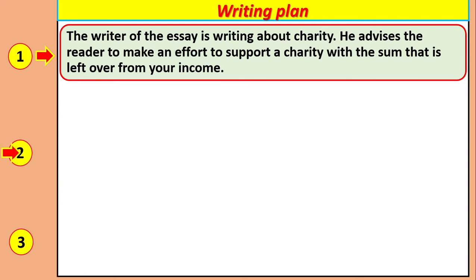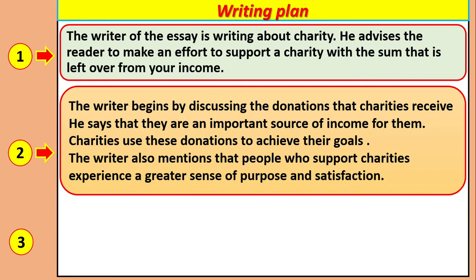Let's move now to the second paragraph, or second part of my summary. Here you are going to summarize the main idea for each paragraph. The writer begins by discussing the donations that charities receive. He says that they are an important source of income for them. This is the first idea. Charities use these donations to achieve their goals.